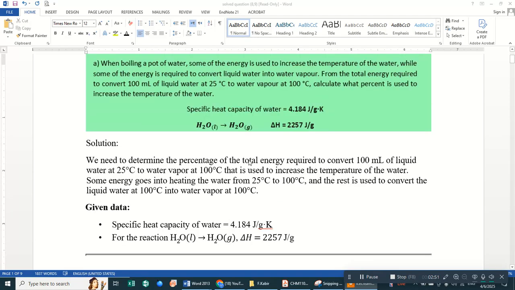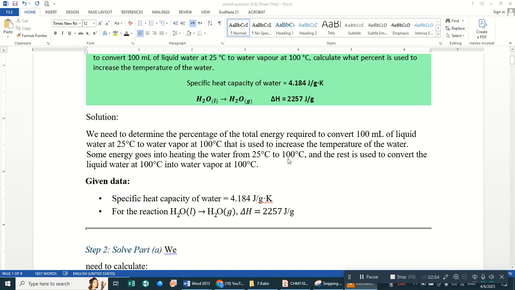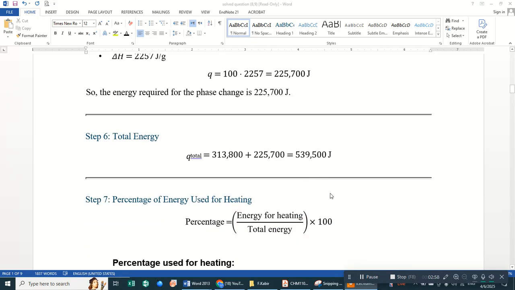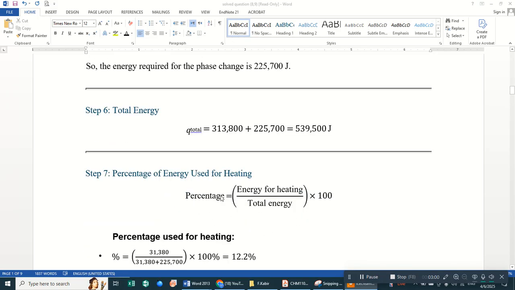Basically, we need to calculate the percentage. How do we calculate the percentage? First of all, its final formula: the percentage is the energy used for heating or increasing the temperature, divided by the total energy, multiplied by 100. Now we solve this numerical stepwise.